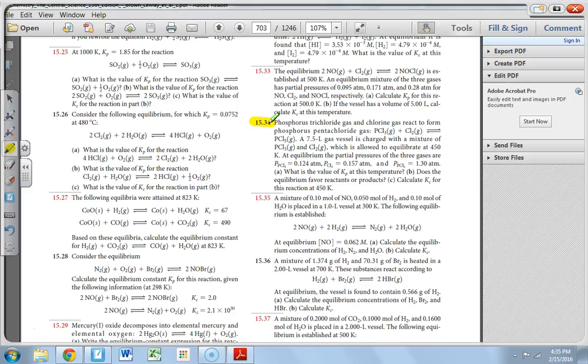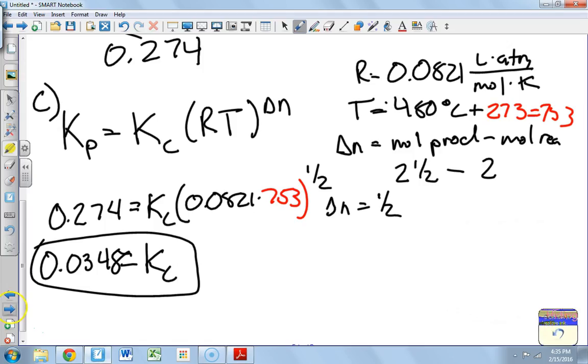So we have a reaction between PCl3 and Cl2, and it forms PCl5. It's in a 7.5 liter vessel, all this stuff. Okay, so let's set up the problem.